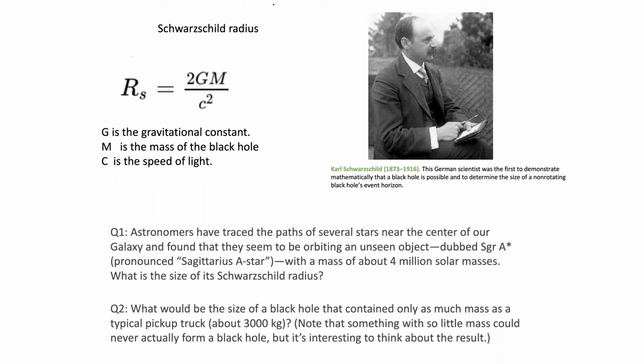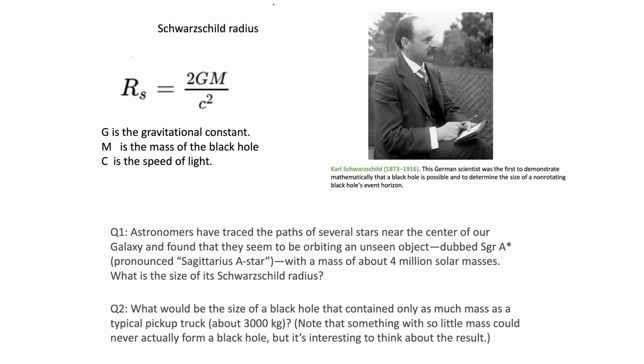Now I have two questions that I have put here. Astronomers have traced the paths of several stars near the center of our galaxy and found that they seem to be orbiting an unseen object. This is dubbed Sagittarius A, with a mass of about 4 million solar masses.